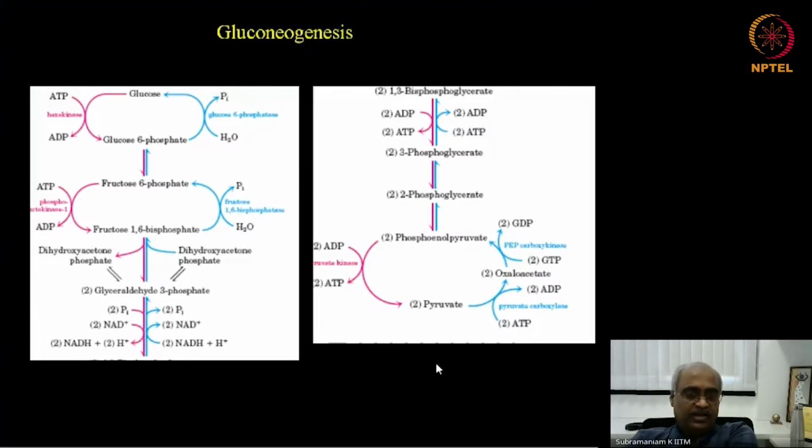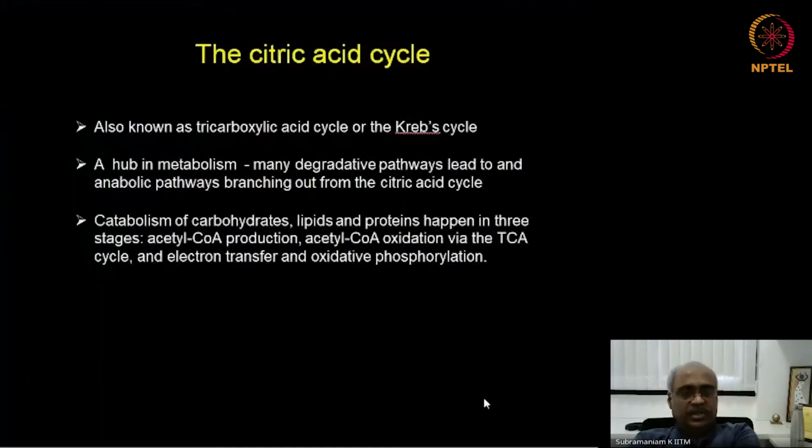In the short term, the enzymes are regulated allosterically, and in the long term, the expression of the genes involved in producing these proteins is regulated. Now let us move on to the next step.